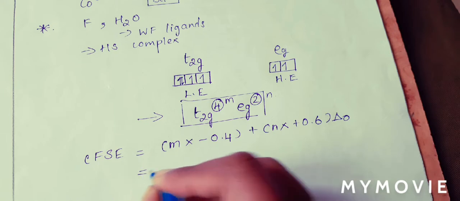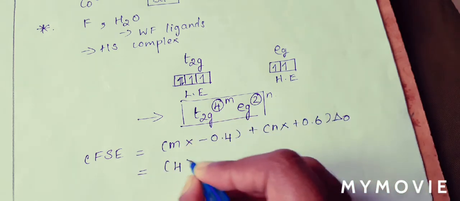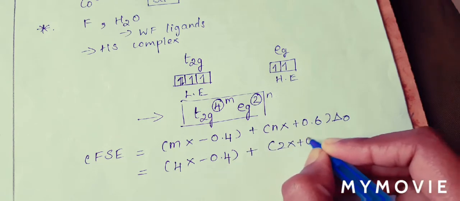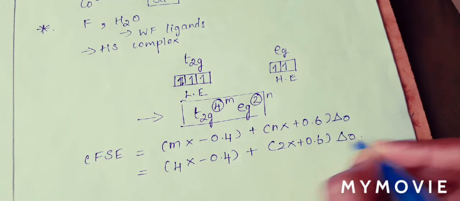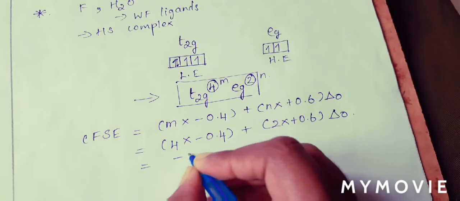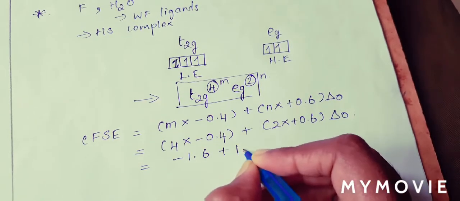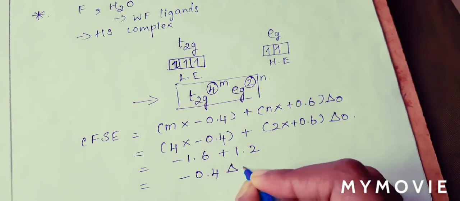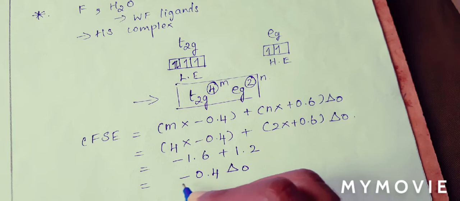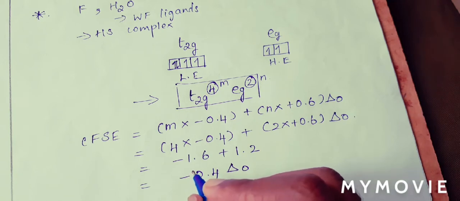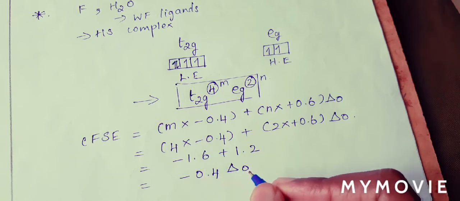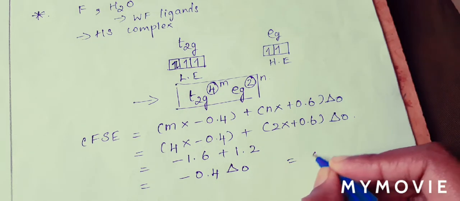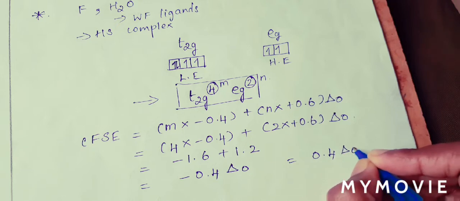Now I'm going to apply the values. 4 into minus 0.4 plus 2 into plus 0.6 delta naught gives me minus 1.6 plus 1.2, which is minus 0.4 delta naught. Don't worry about the negative sign because it's a sign convention and energy can never be a negative value. So the negative value can be neglected. So your value is going to be 0.4 delta naught.